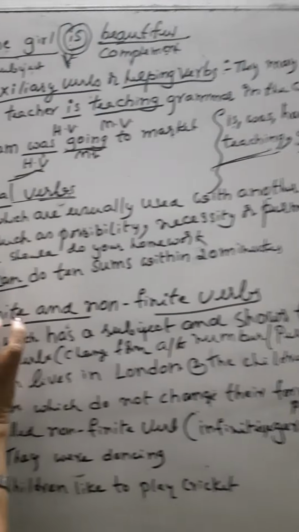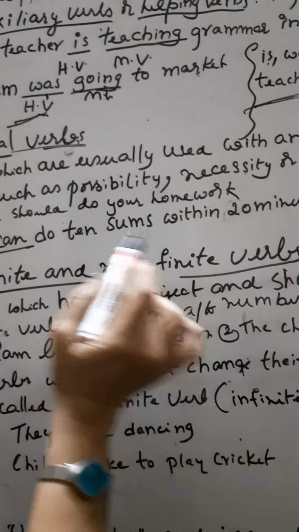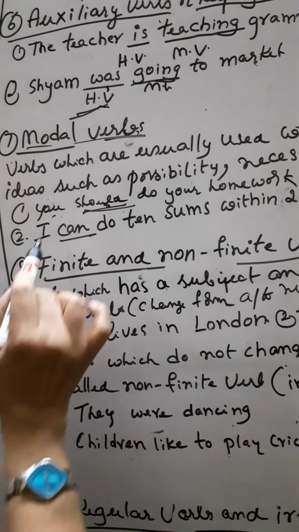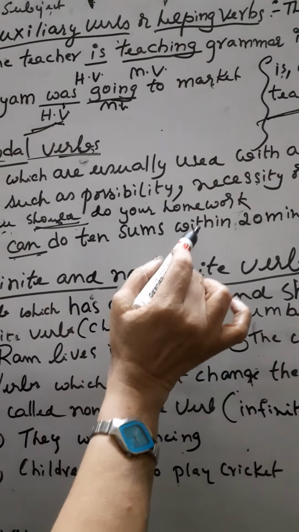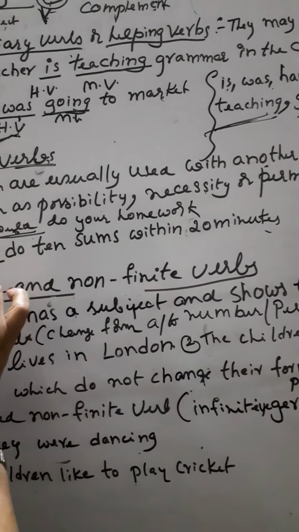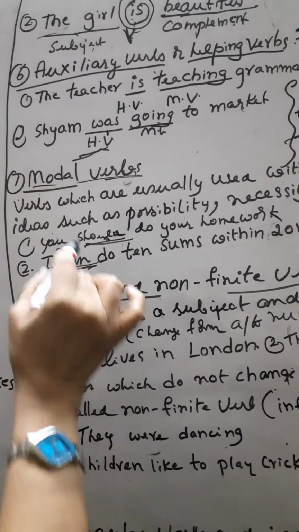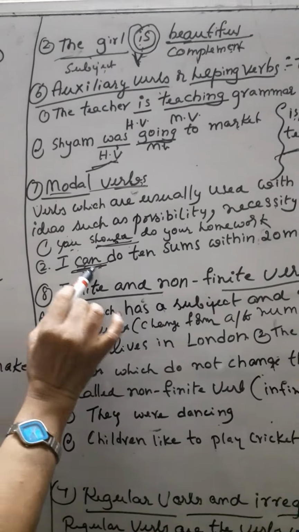For example, you should do your homework. Should shows obligation. I can do 10 sums within 20 minutes. Can shows your ability. Okay, so it is known as modal verbs.